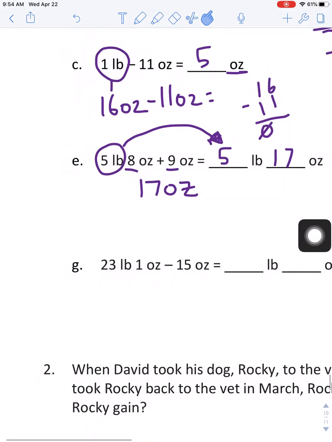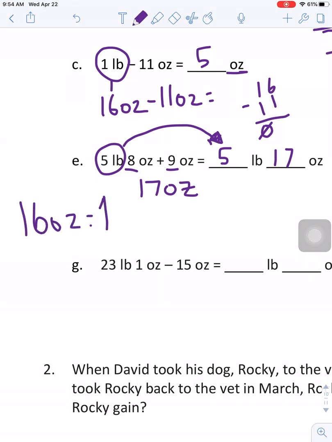I remember from my conversion that 16 ounces equals 1 pound. So, if 17 ounces is more than a pound, I'm going to subtract 16 from this, and I'm left with 1.